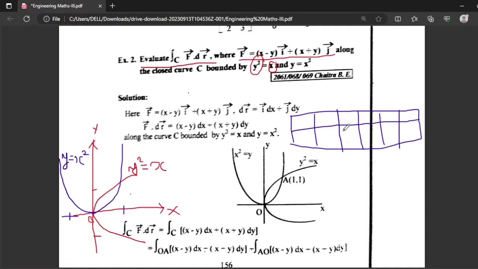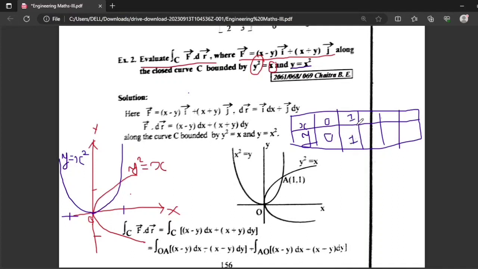For this blue one, when x equals 0, y equals also 0. When x is 1, y is 1 square, which is 1.